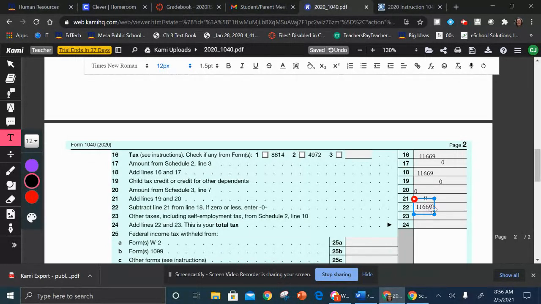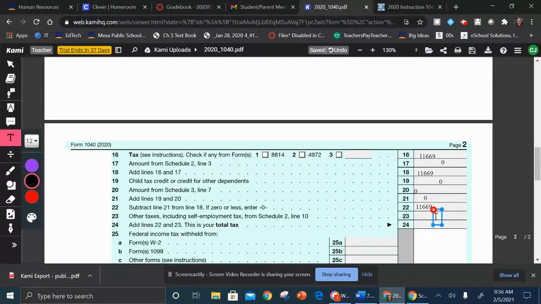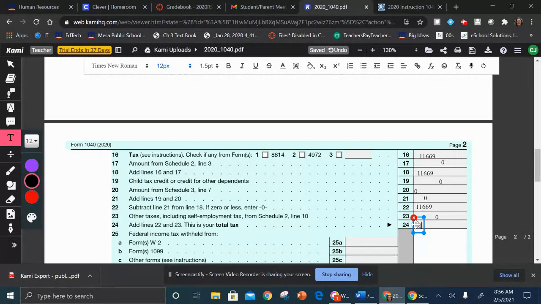Okay, other taxes, including self-employment. So that would be like if she had her own business. So we add those lines together. So her total tax is $11,669.